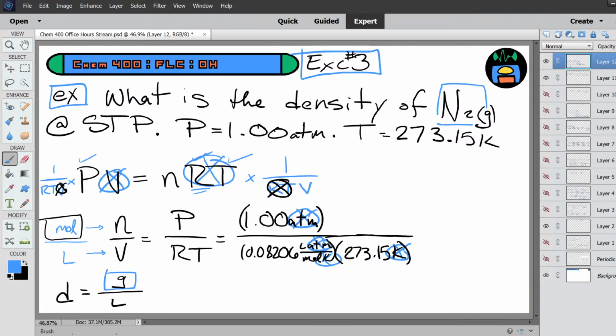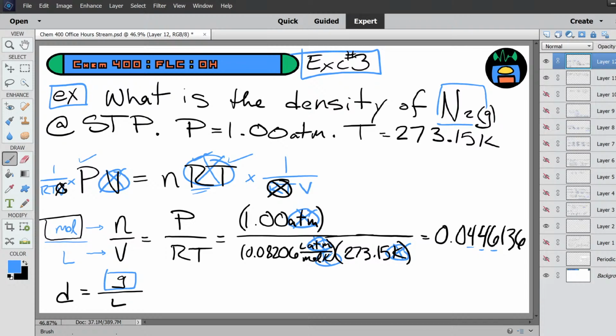And so we get 1 divided by 0.08206, also divided by 273.15. So this comes out to be 0.044636. We can only keep 3 sig figs here.